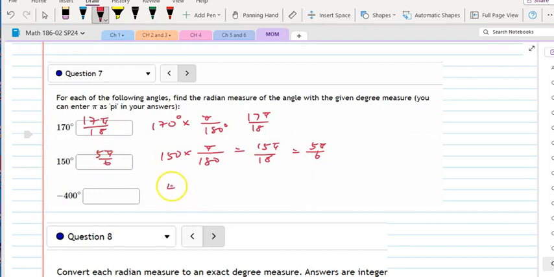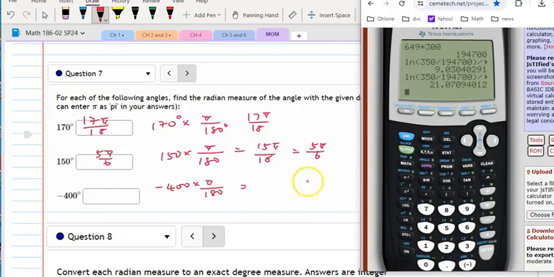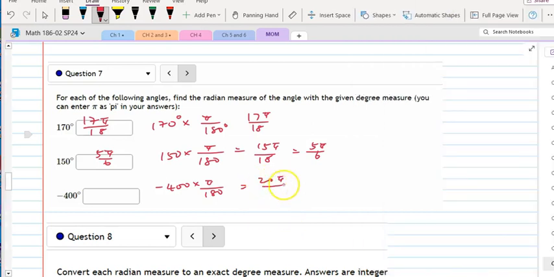The last one will be negative 400 times pi over 180. So put it in the calculator, 400 divided by 180. They can do it for you. Put math fraction: 20 over 9. So 20 pi over 9.